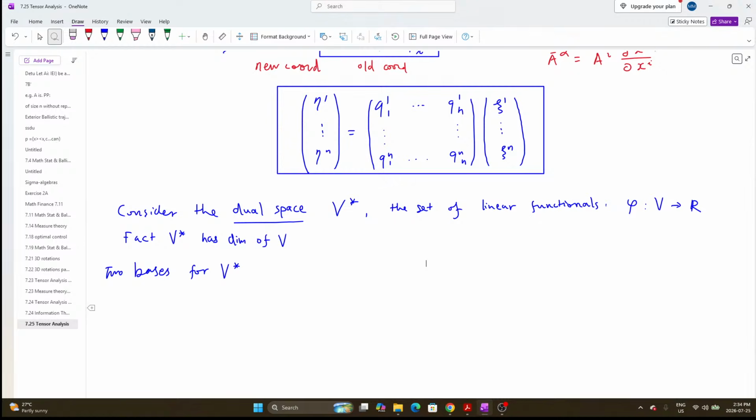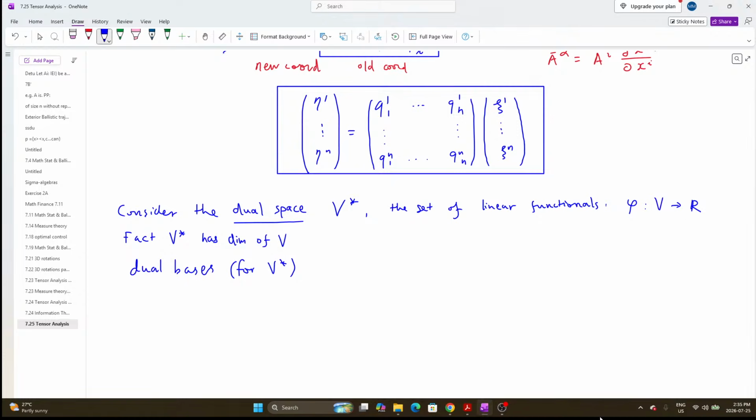The dual basis has this property. Dual basis for V star. What would be the good notation for the dual basis?